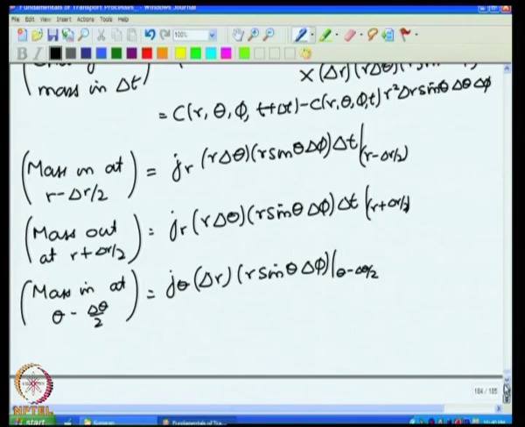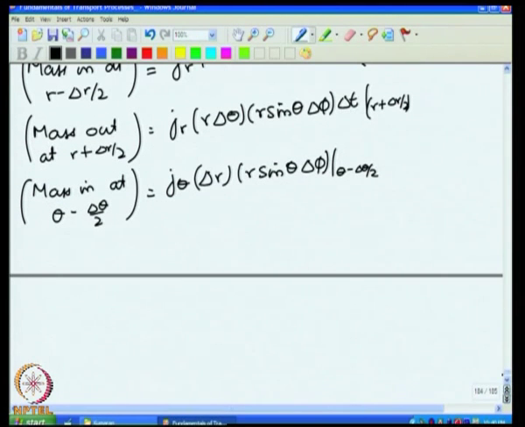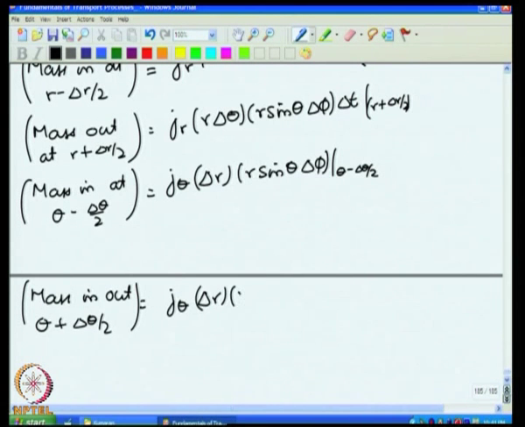Then I have a mass out at the surface at theta plus delta theta by 2, which is equal to J theta times delta r times r sin theta delta phi at theta plus delta theta by 2.